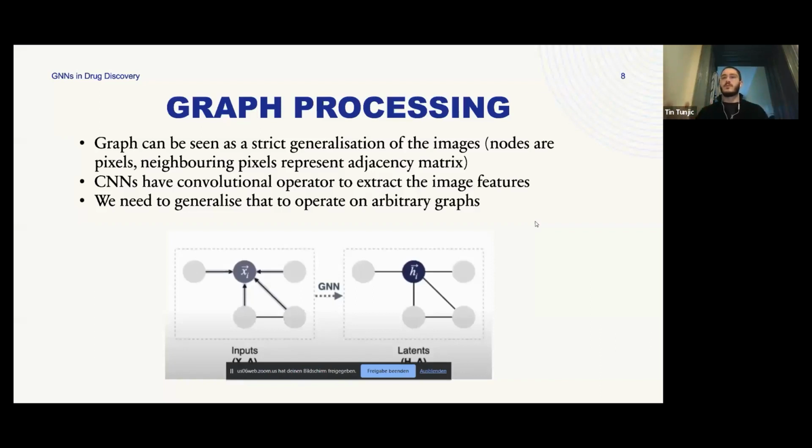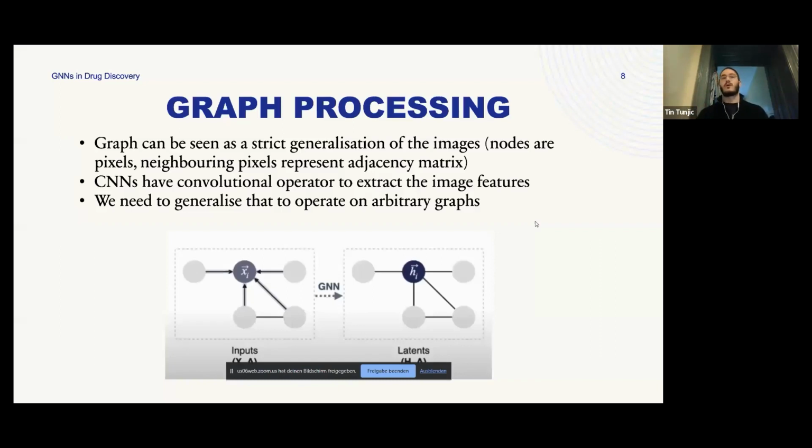Here, they have to share an edge, and with regard to that edge, the information will be propagated. But we can see graphs as a strict generalization of images, where each node is a pixel, and the adjacency matrix represents the neighboring nodes that are connected with edges to the node.